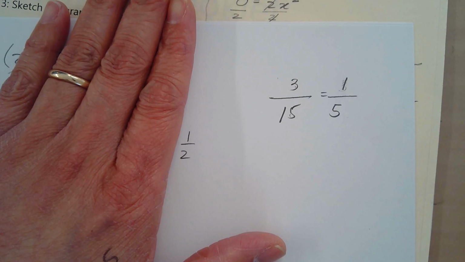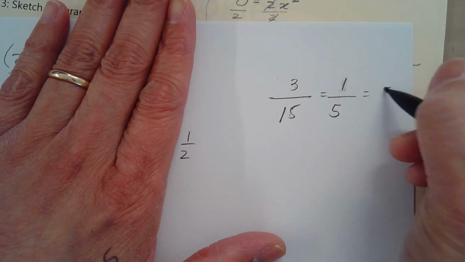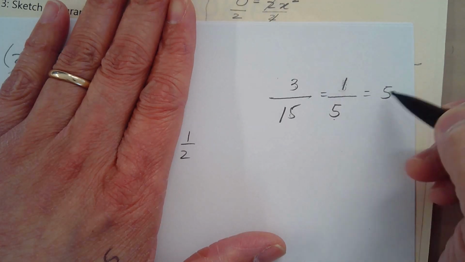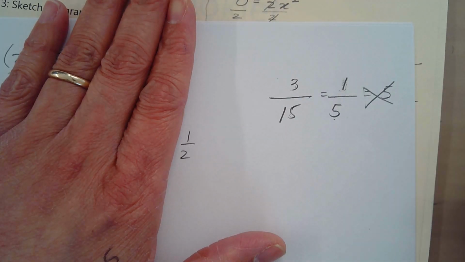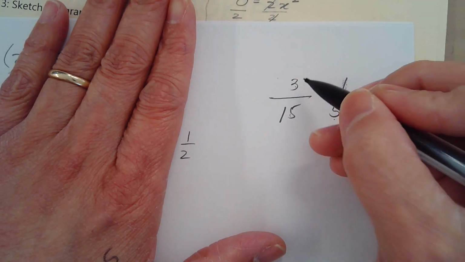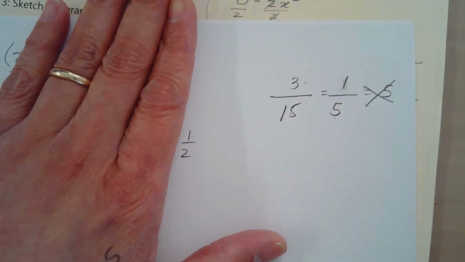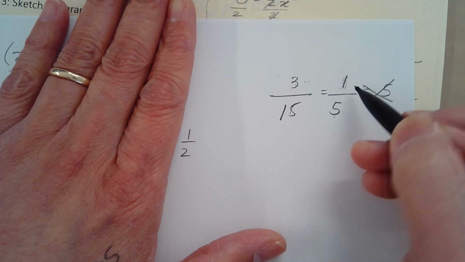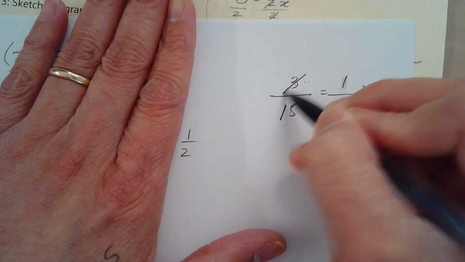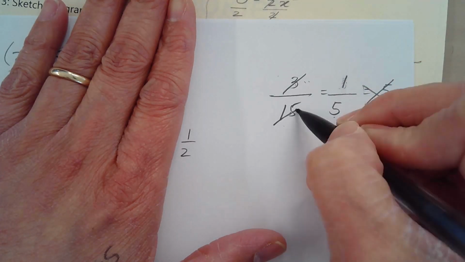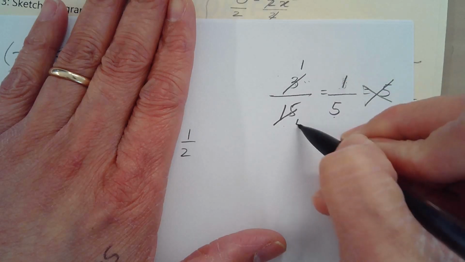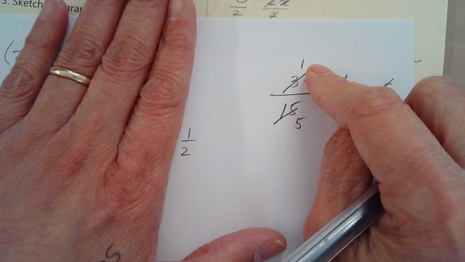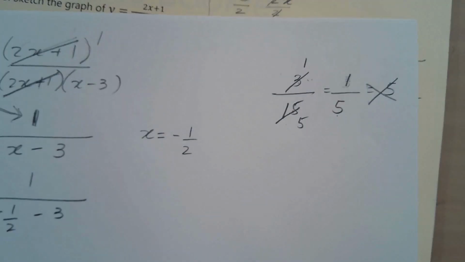Yes? But we didn't say 5, we said it's 1/5, right? So there's a difference when there's a 3 in the top and the denominator. Even though there's a common factor of 3 that we canceled, there's still a 1 there. Yes? Clear.